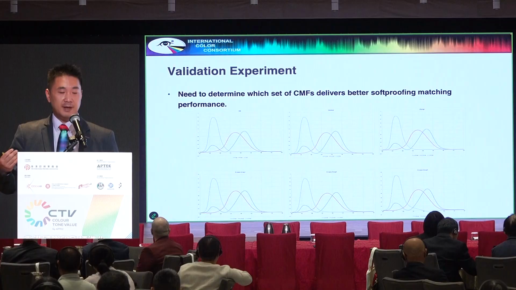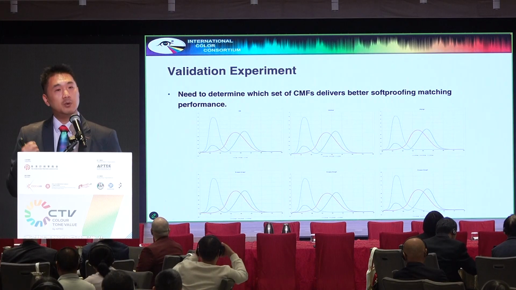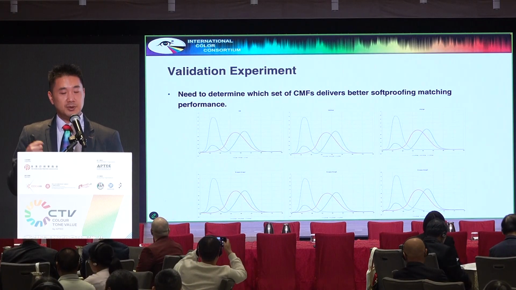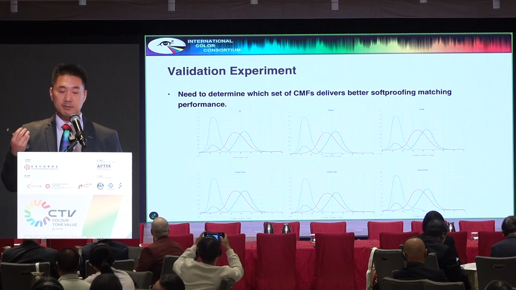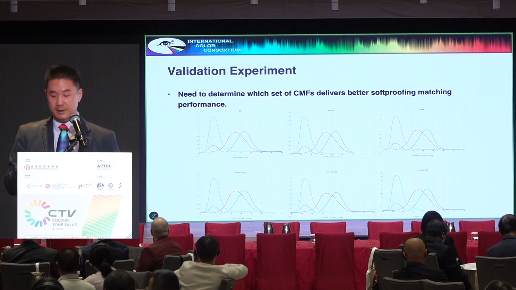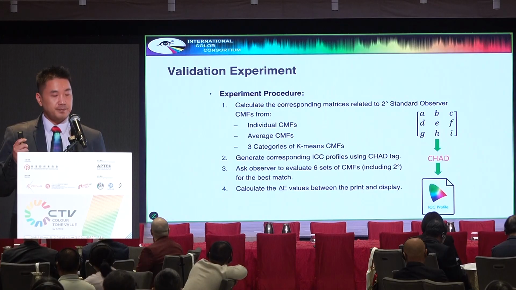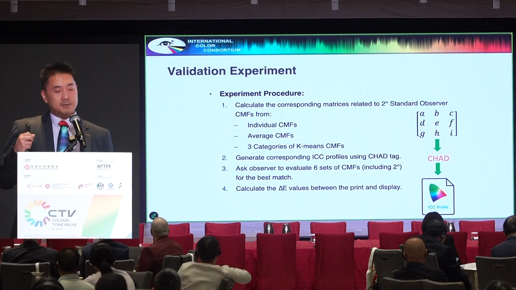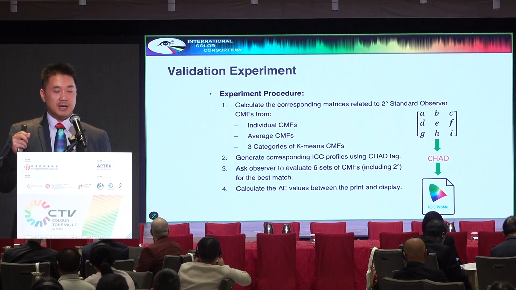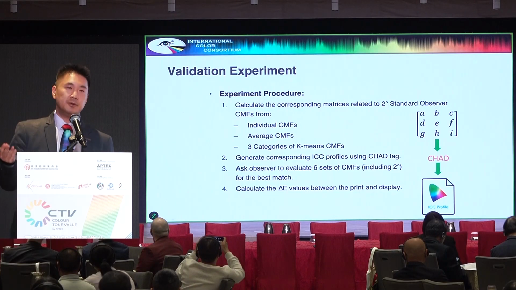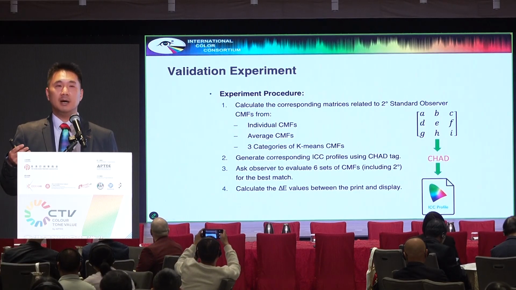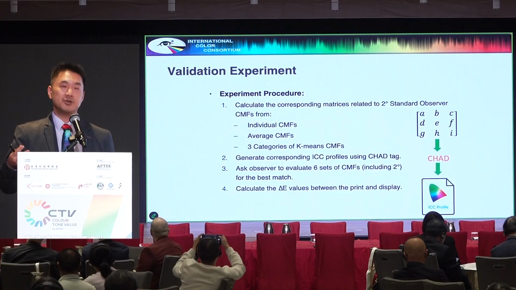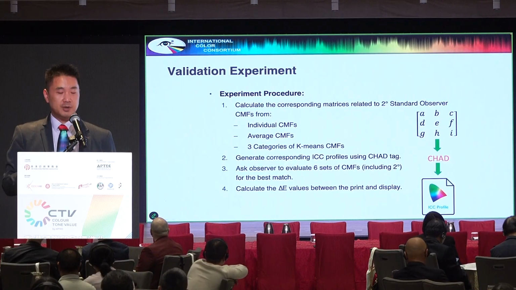In the validation experiment, we need to determine which set of the color matching function will deliver better performance for the soft-proofing scenario. Our experiment procedure is to calculate the corresponding matrix, which you can call a compensation or correction matrix, from the 2-degree standard observer.